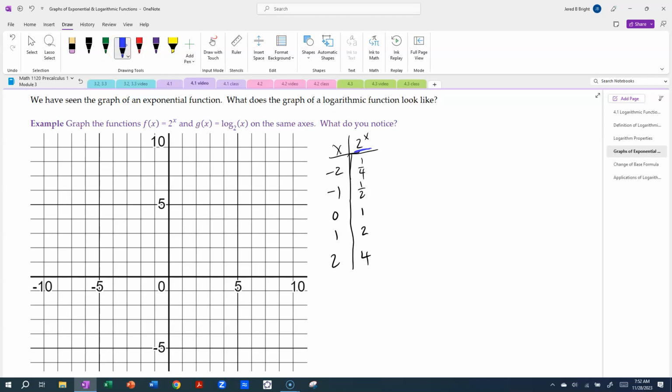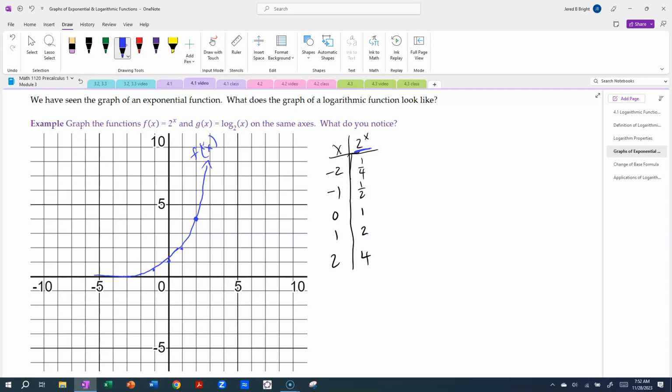So we have (0, 1), (1, 2), (2, 4), then (-1, 1/2), and then (-2, 1/4), and I'd get something that looks kind of like this. There we go. So this would be f of x.